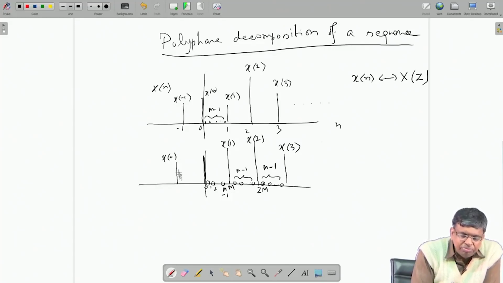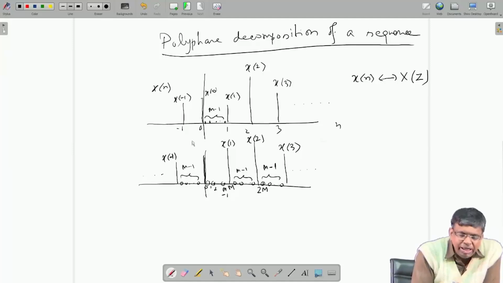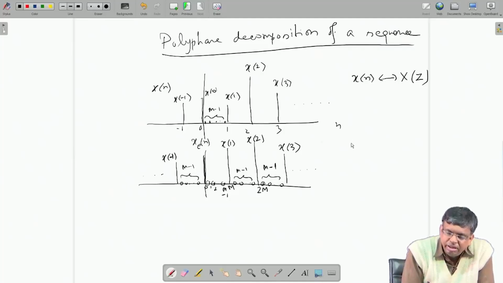So, between every pair of samples, I introduce zeros. This sequence I call x subscript e of n, where e stands for expanded, the expanded version.